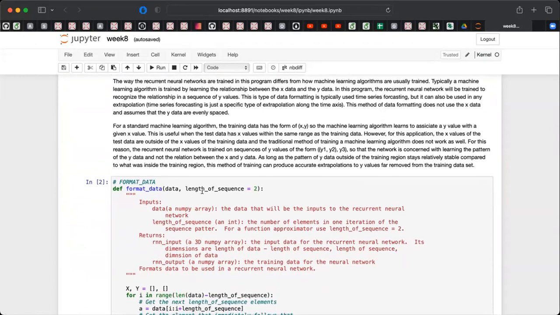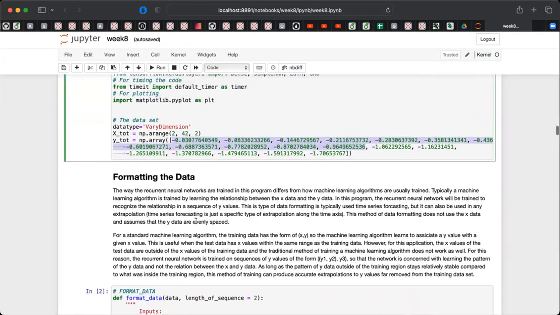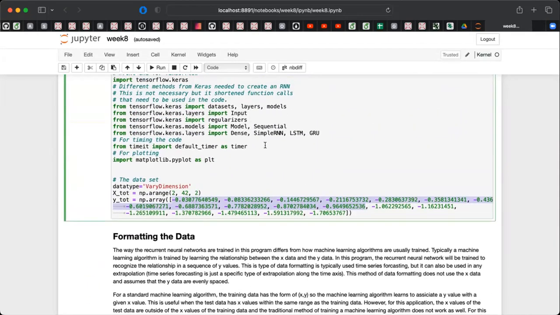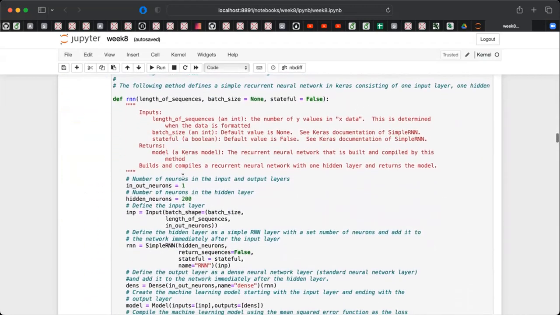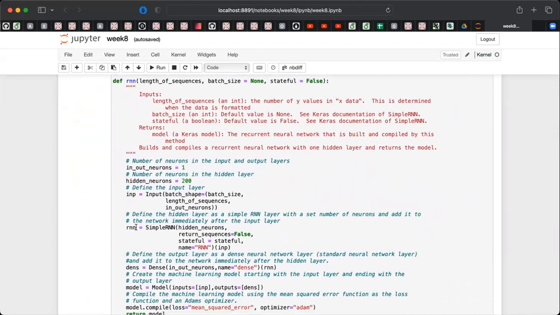So this function which you see here is not that interesting. I'm setting up the simple RNN, which basically gives us the back propagation through time. When I set up the RNN here, I give the input values which I want to produce, and then I define an RNN, which is a simple RNN with a given number of hidden neurons.